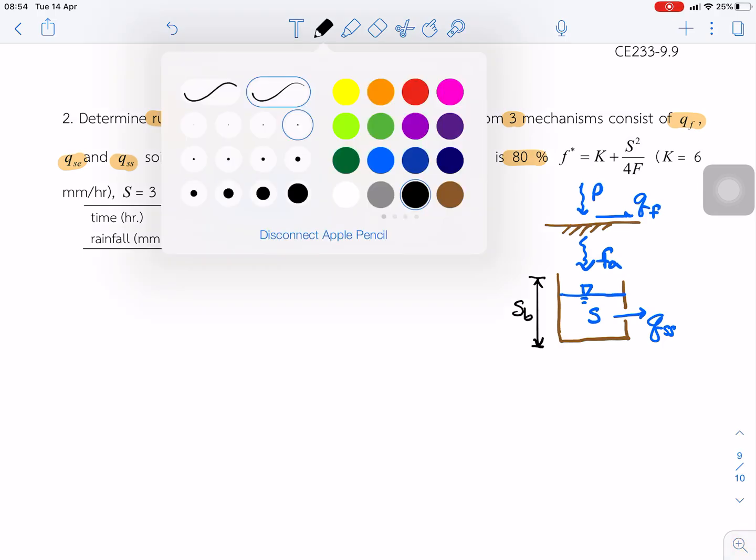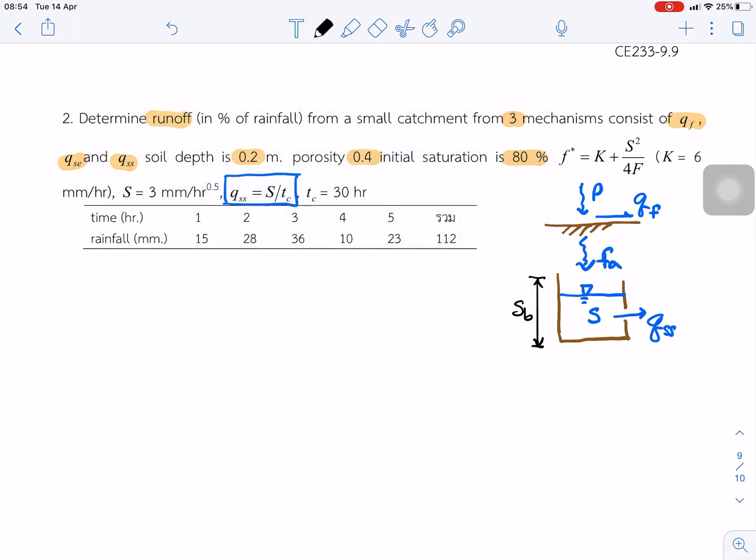If the water storage in the soil increases and goes above SB, we expect there is QSE on top of the soil.